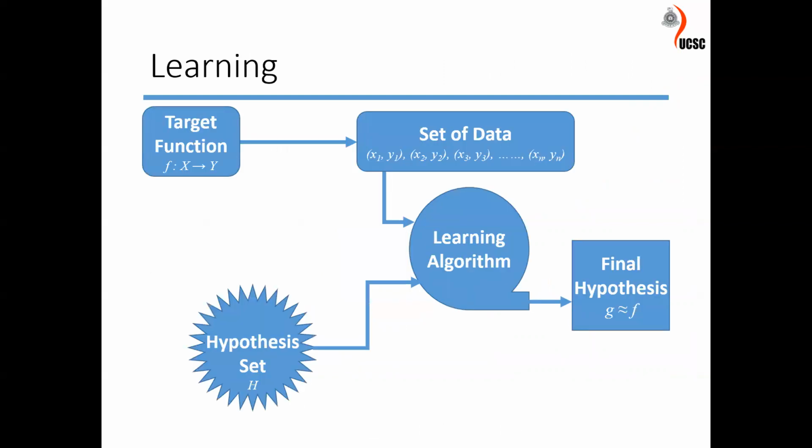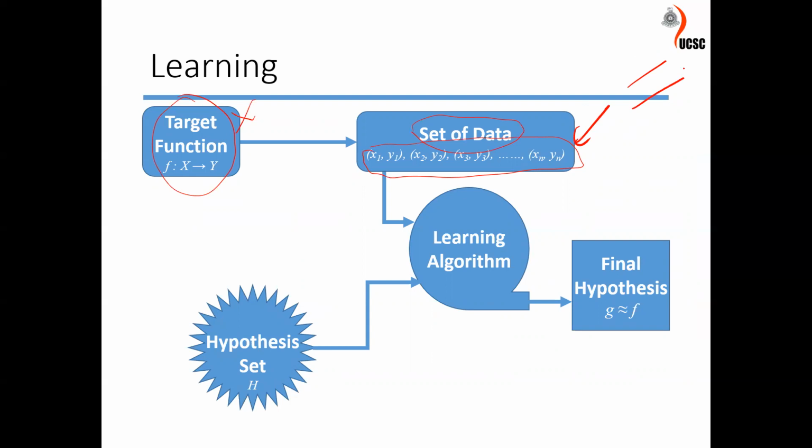So in machine learning, in this regression problem, we have a set of data. This data is basically generated by a target function. We don't know this target function. We just have this set of data that was captured through a questionnaire or a survey.